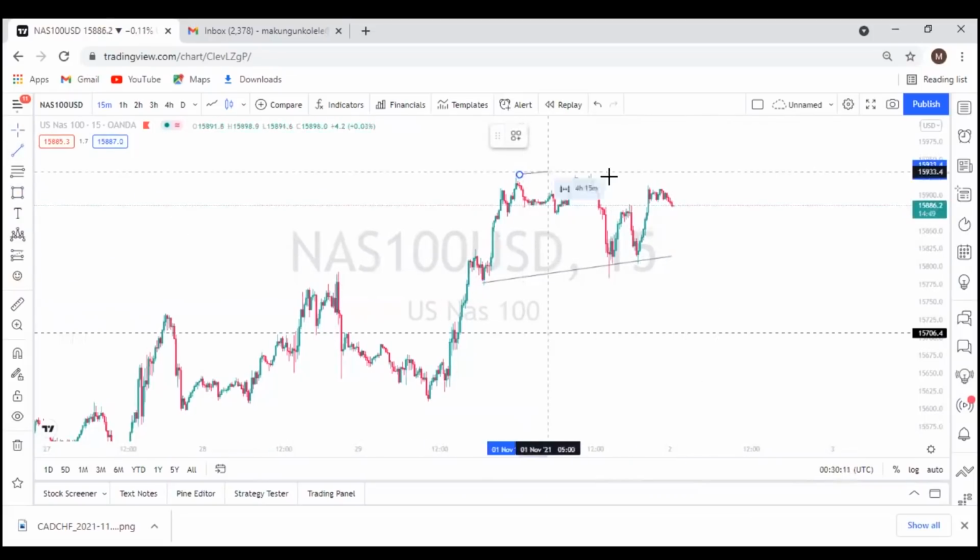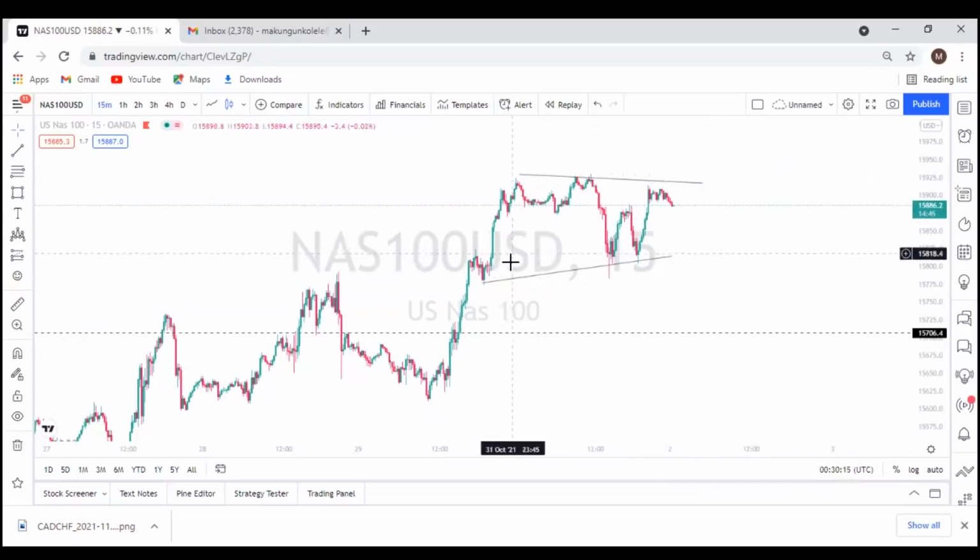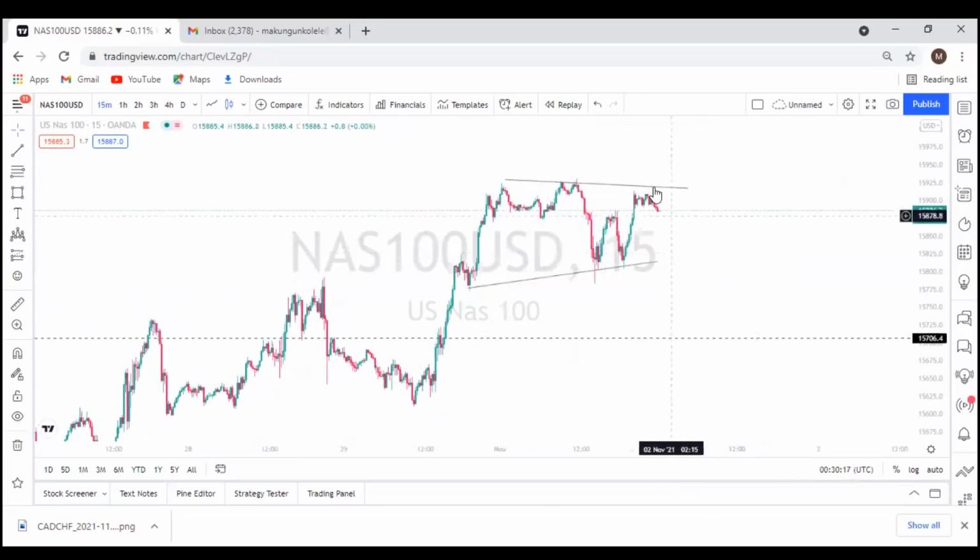I see this is what I see without using zones and stuff, just simple trend lines. So this is what I'm looking at right now. This is gonna count as my first touch, second touch, third touch. So I also could have bought here by the fact that this was my third touch from this flag.